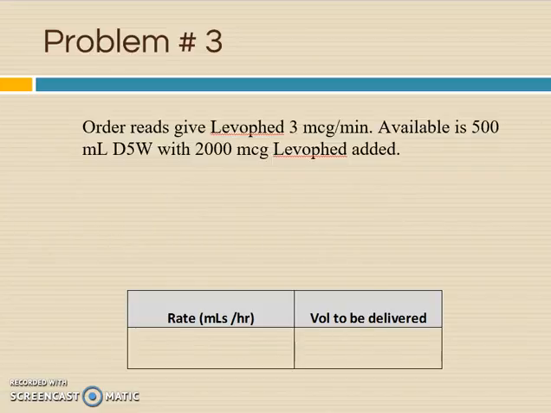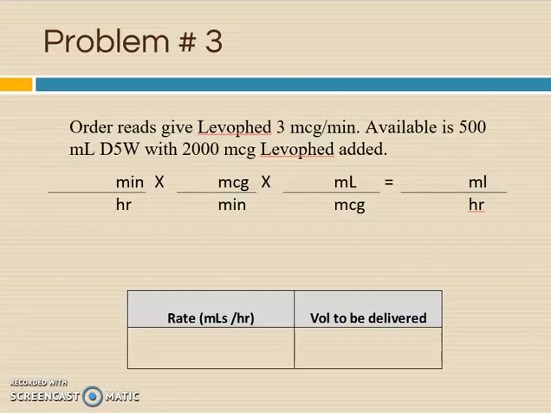Next question. The order reads, give Levophed 3 micrograms per minute. Available is 500 mils D5W with 2,000 micrograms of Levophed. Okay, so there's really no way other than this, I think, to solve it. You want to solve for mils per hour. That's what you want.